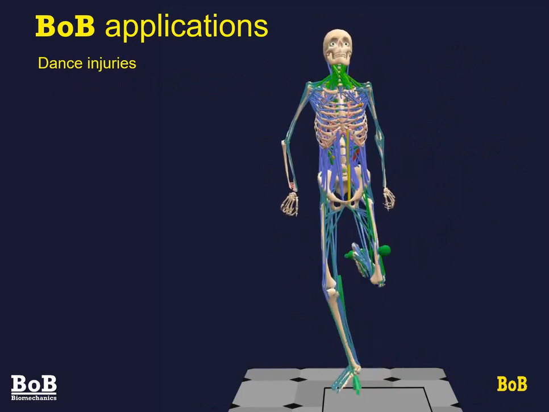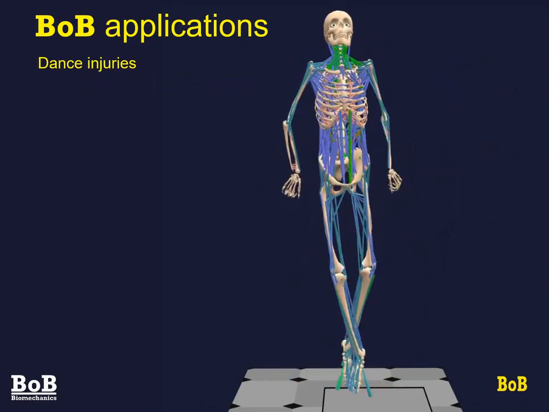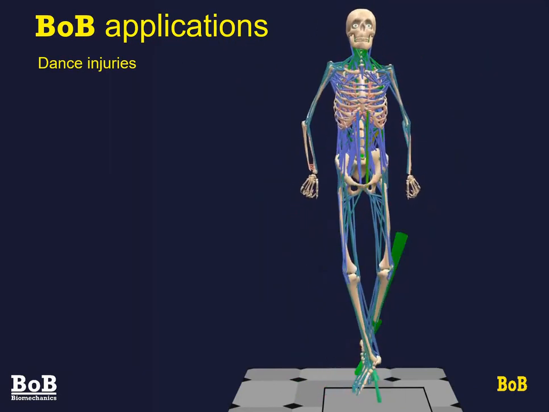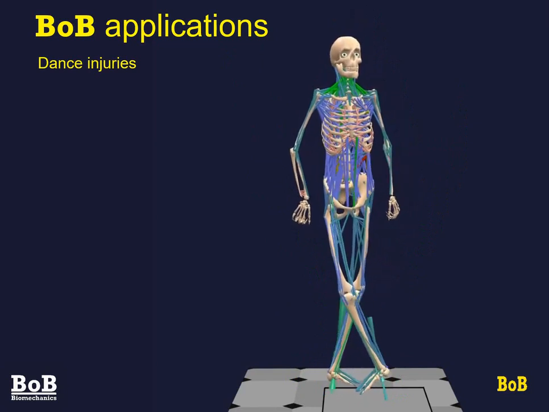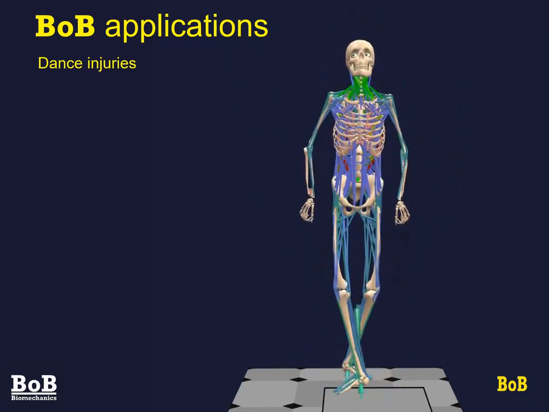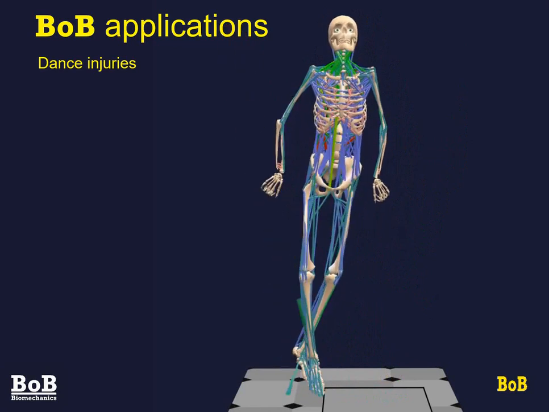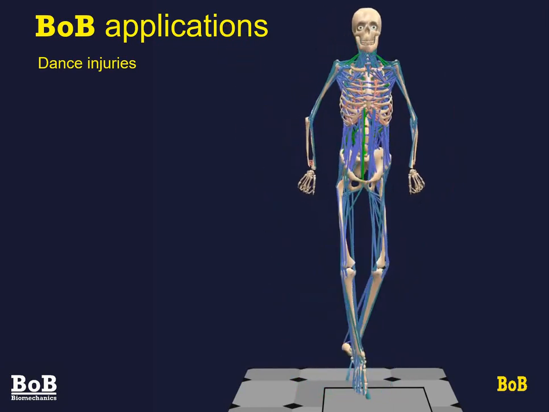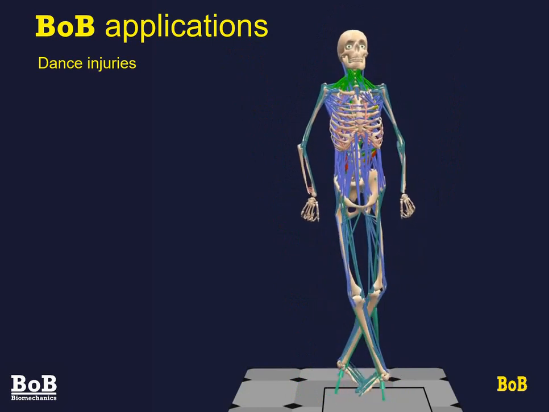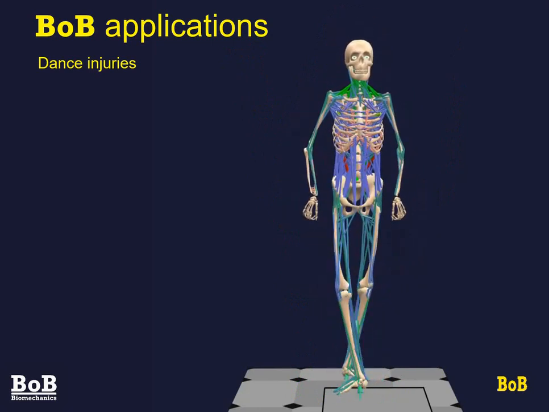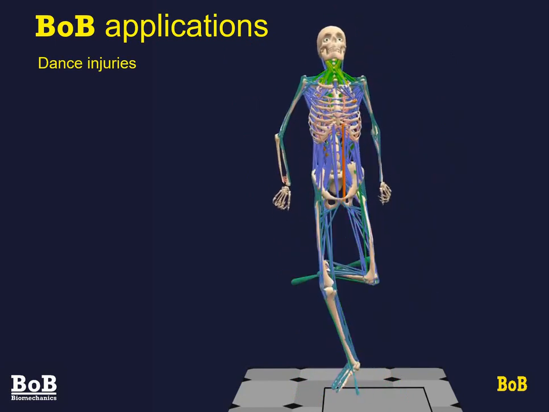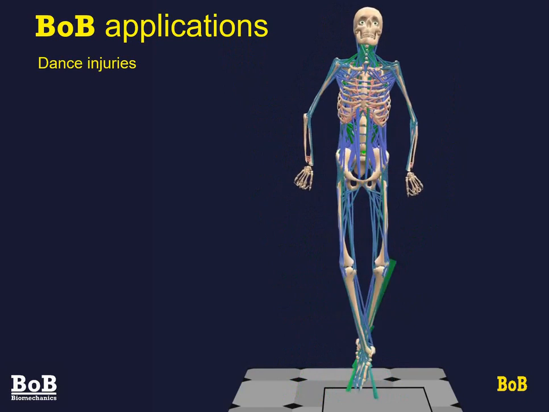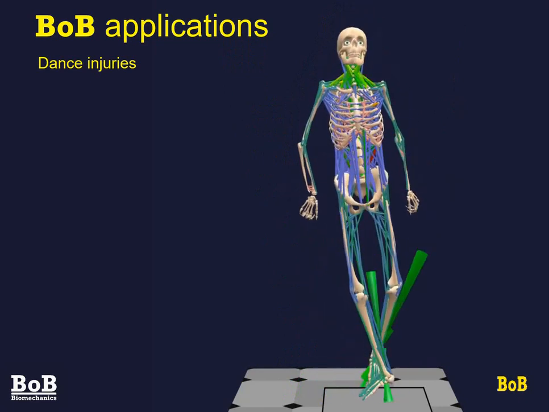Closely related to sports analysis is dance analysis, but not for choreography, but to reduce dance injuries. BoB is being used by a professional Irish dance company who were concerned about the injuries to their dancers, especially in the ankle region, which was occurring with an alarming regularity. Using BoB, they calculated the loads that were occurring at the ankles during particular dance steps. The one in the illustration is called the rock.